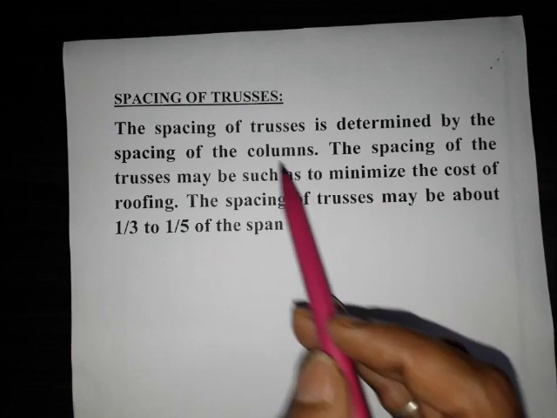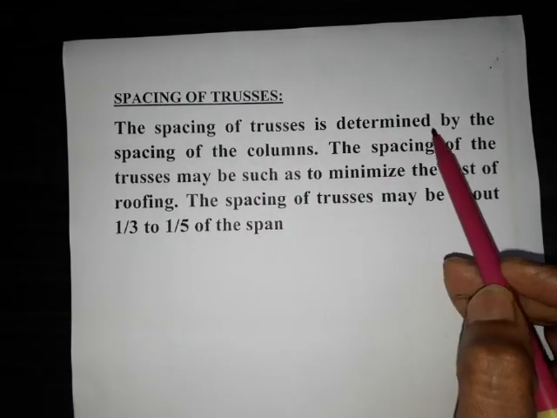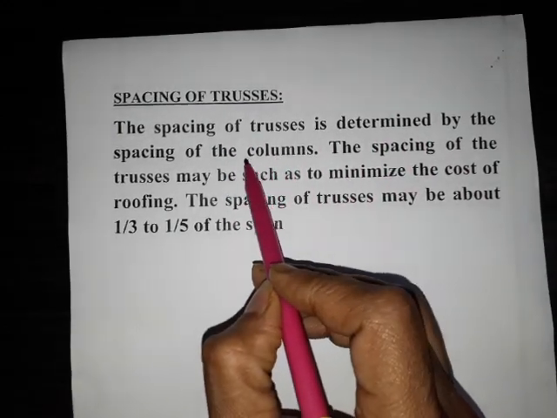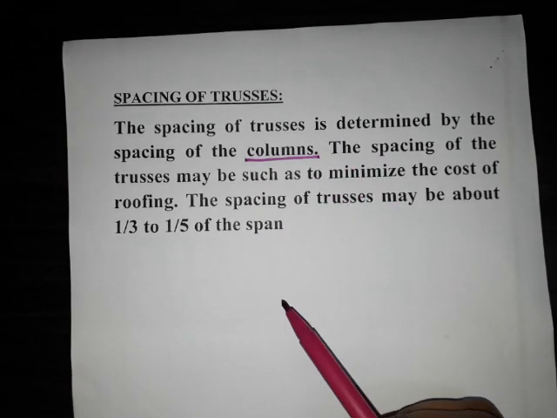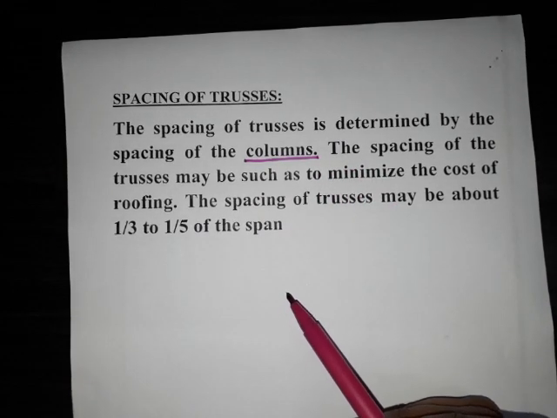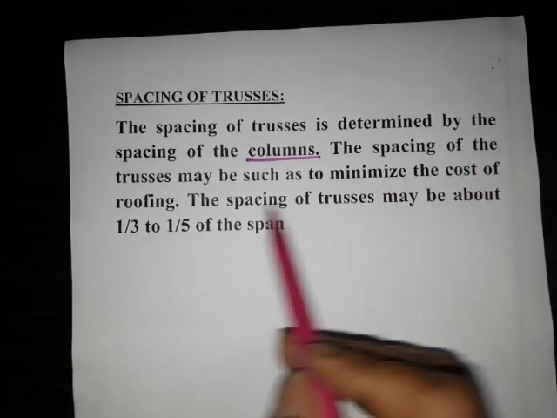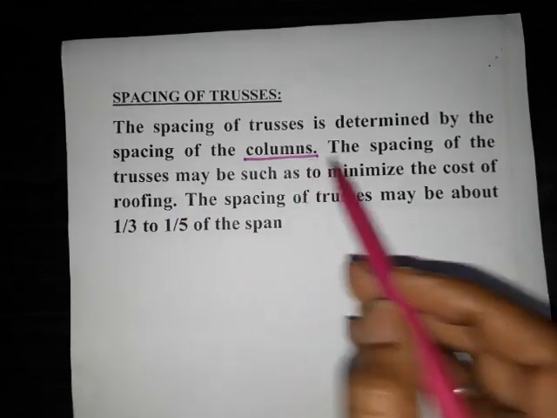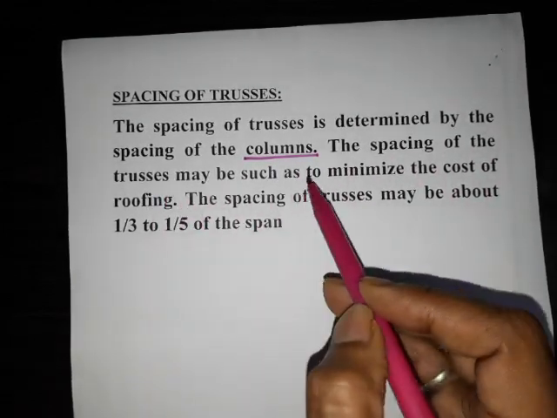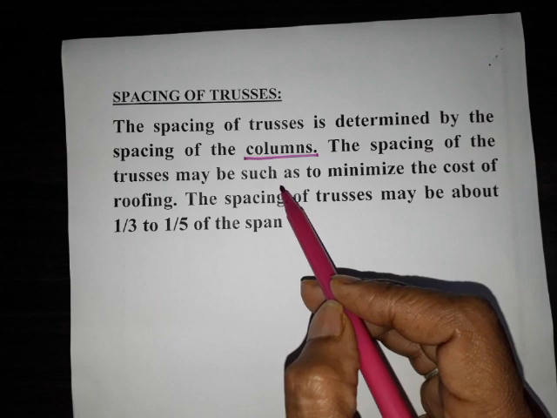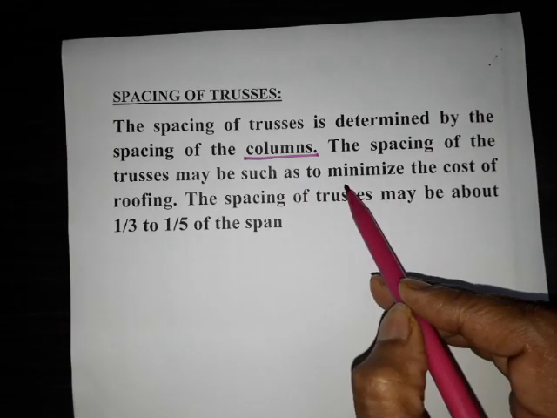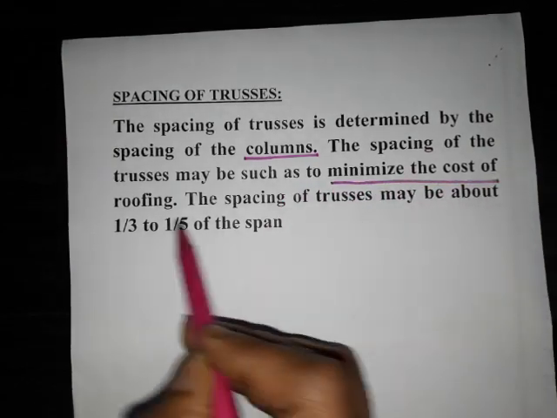The spacing of the trusses depends upon the spacing of columns, because the truss will be supported over the column. And the spacing of the trusses should be such that it minimizes the cost of roofing.